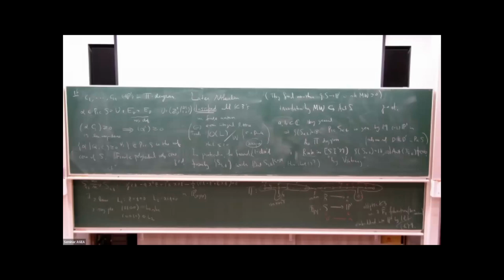And in this case, very cleverly, Nikulin constructed an involution which acts as +1 on Pic X and -1 on the transcendental part. And when you take the quotient, in almost all cases, this is a rational surface.